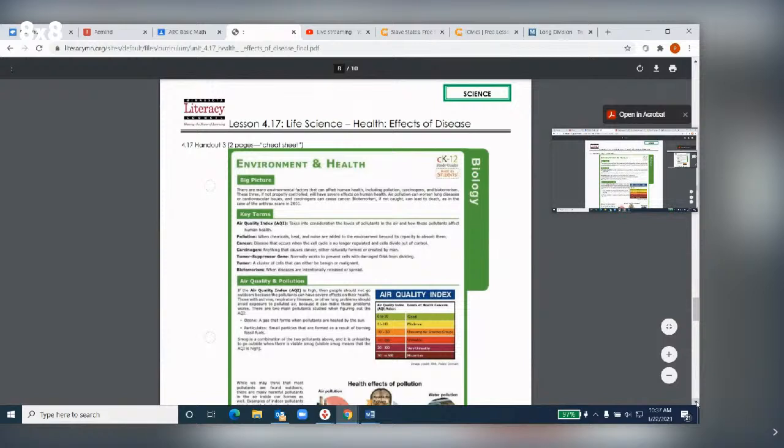So obviously pollution is much worse in some states. Some of you have probably seen Los Angeles, where because of all the cars, it can appear to be smoggy. So if you live in big cities, sometimes the pollution is a little bit worse, as opposed to living out in the country where there aren't a lot of factories, people, or cars. Carcinogens, that would be if you live by a big factory and you see those big smokestacks.